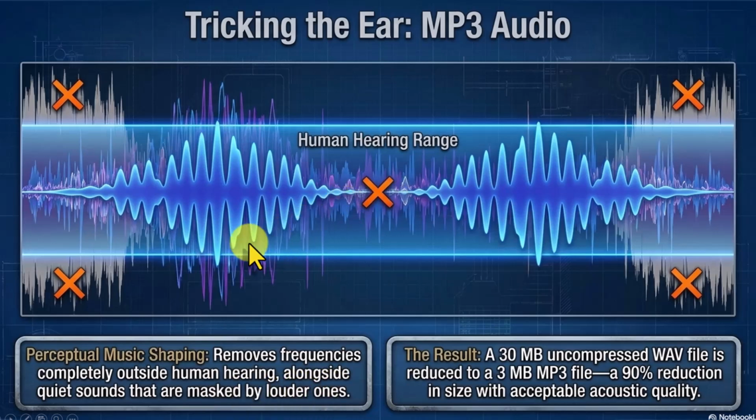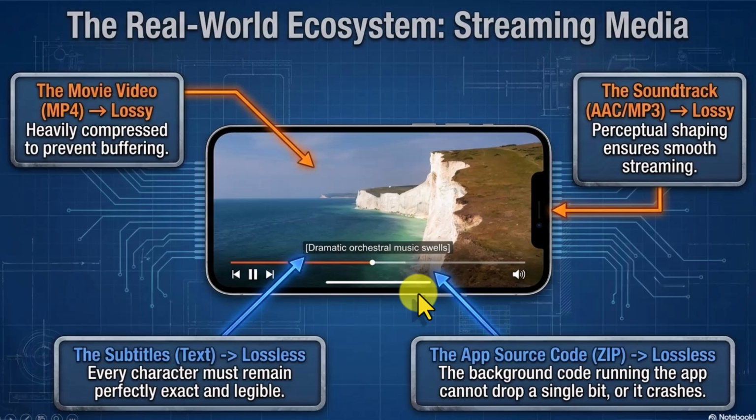Maybe some quiet sounds are masked by louder sounds and we cannot hear them, so it will remove that. As a result, a 30 MB uncompressed WAV file is reduced to a 3 MB MP3 file. This is around a 90% reduction in file size. Because the human ear cannot differentiate the difference much, it is acceptable. So that is another example.